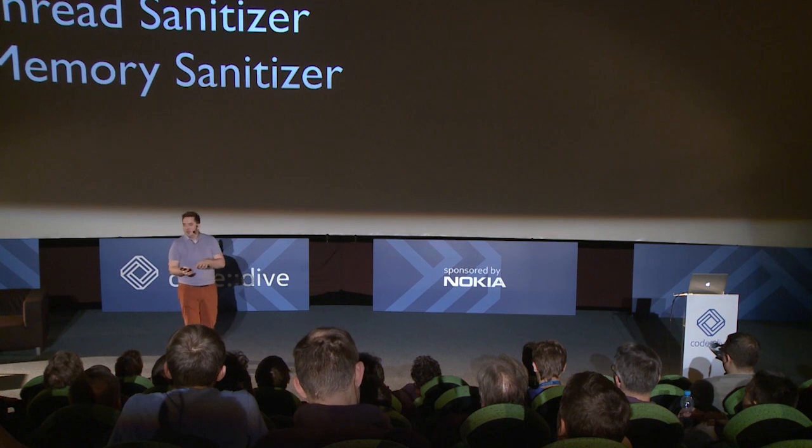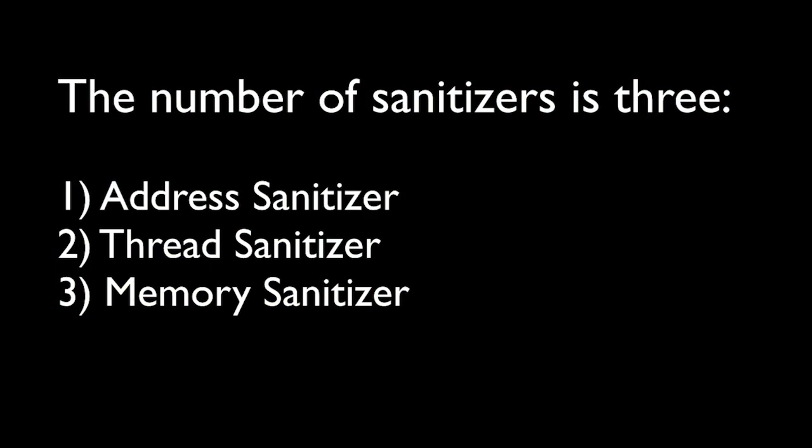The reason that there are these three sanitizers is because they all have one thing in common that actually prevents you from doing two at the same time. They use a technique called shadow memory. Okay? For every piece of memory in your application, these tools allocate a corresponding chunk of memory at a very predictable offset in the address space, and they track metadata about the original memory in the shadow memory.